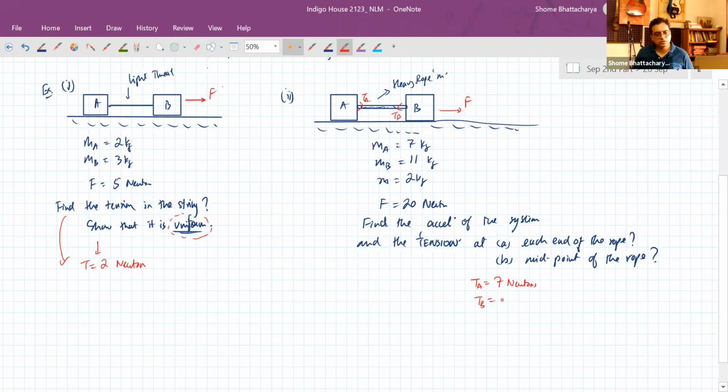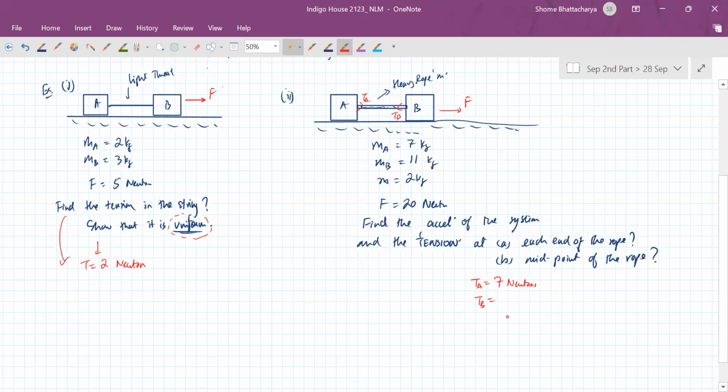It will be 11 newtons. You just make the free body diagrams of the individual blocks and you will get this.